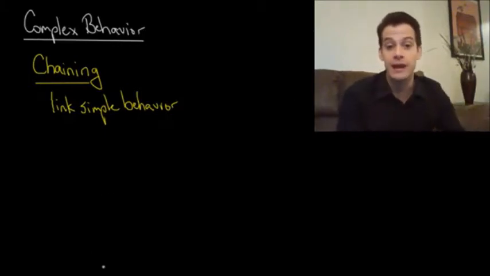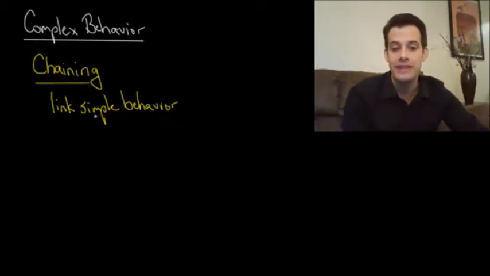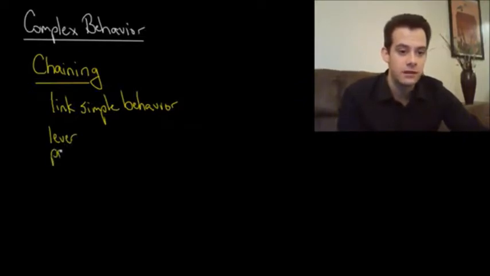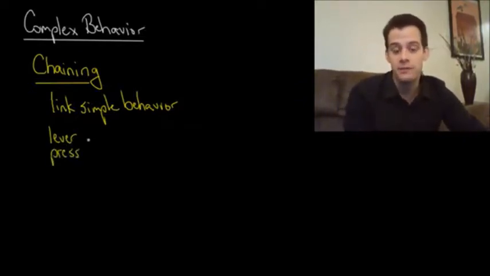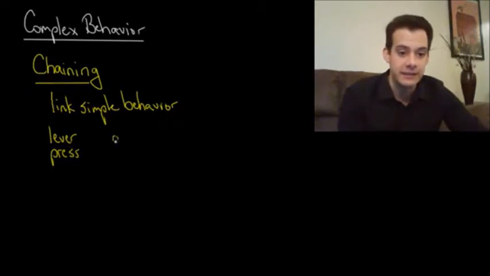So for instance, if we had a pigeon and we wanted to teach it a more complex behavior, we would start with each step. So first we might have the pigeon press on a lever. Right? And we would condition this behavior. So we initially reward the pigeon each time it presses the lever. And then we want to condition another simple behavior. Let's say pecking at a disc.